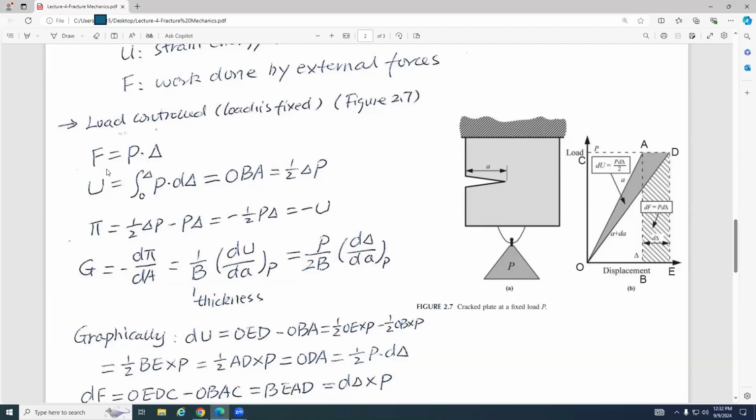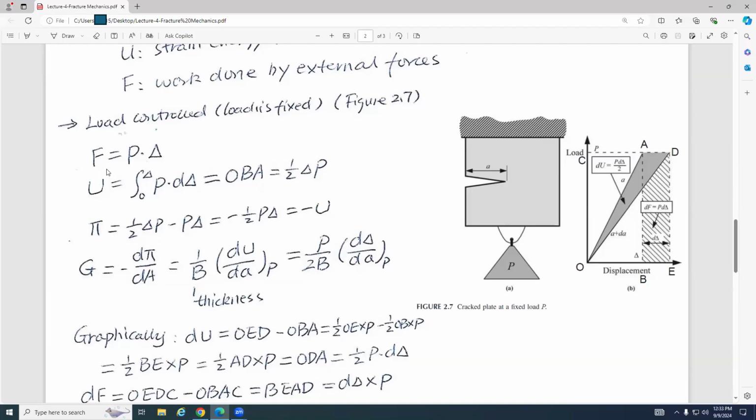And let's look at this U. U is the strain energy. And how is the strain energy changing? We know that this is a P, okay? If you apply the P, what will happen to this? It will stretch, right? It will have some deflection. So this work is P multiplied by d delta, where d delta is how far it goes.